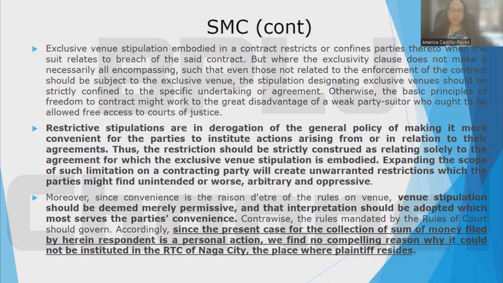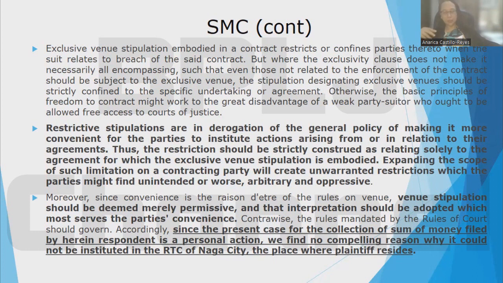Venue stipulation should be deemed merely permissive, and that interpretation should be adopted which most serves the parties' convenience. Since this case for collection is a personal action, we find no compelling reason why it could not be filed in the RTC of Naga, the place where the plaintiff resides.